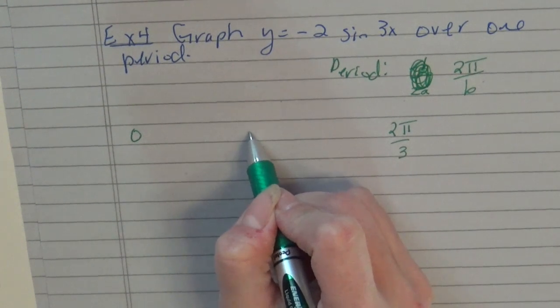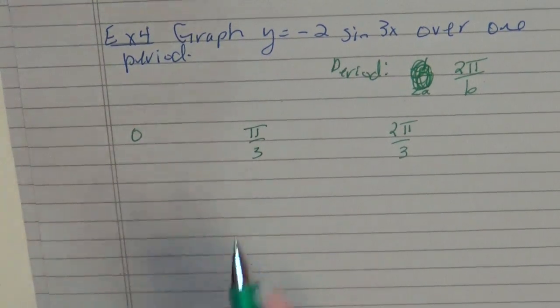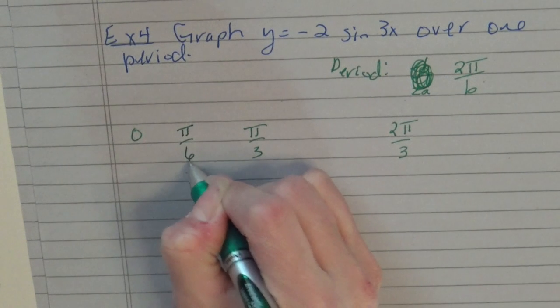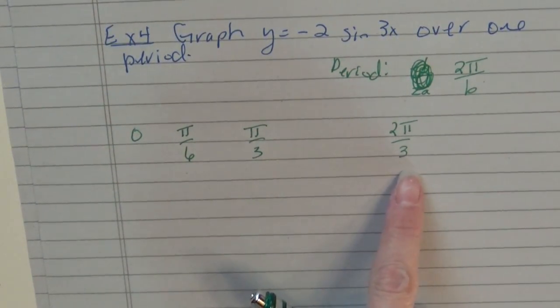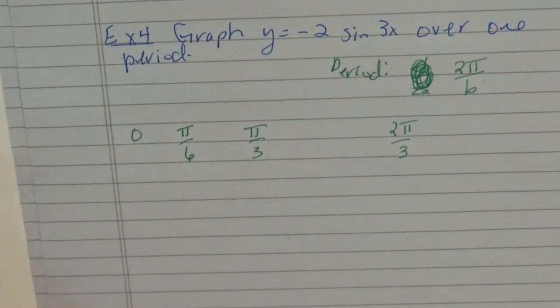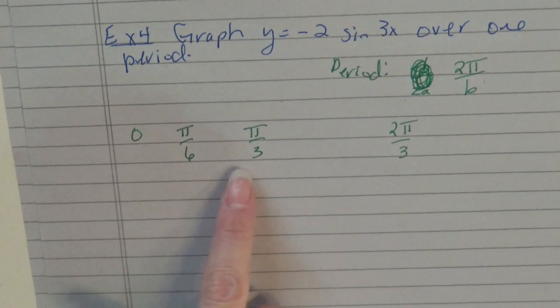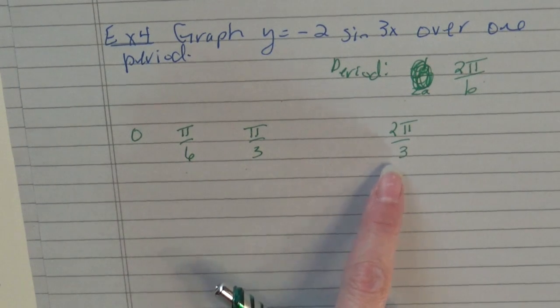So that would be pi over 3 is the midpoint. And then halfway from 0 to pi over 3, that's going to be pi over 6. And then what's halfway between pi over 3 and 2 pi over 3? If you convert these to common denominators, you've got pi over 6, 2 pi over 6, and that's going to be 4 pi over 6.